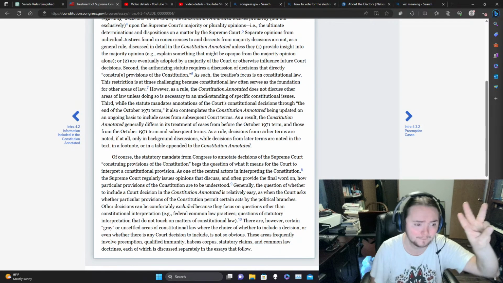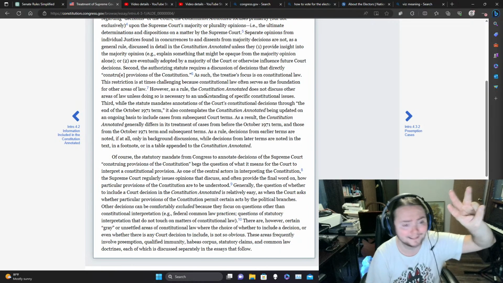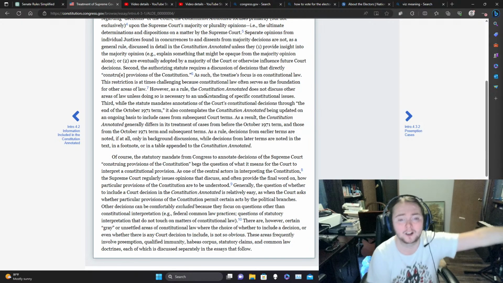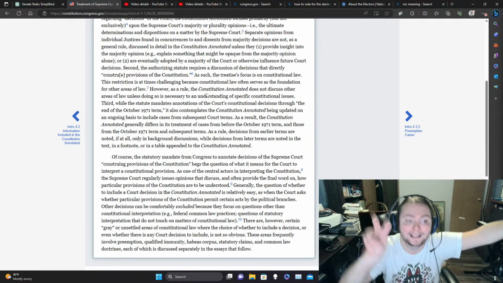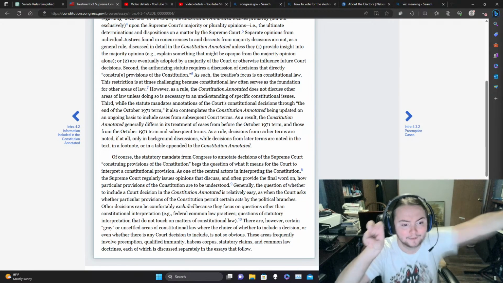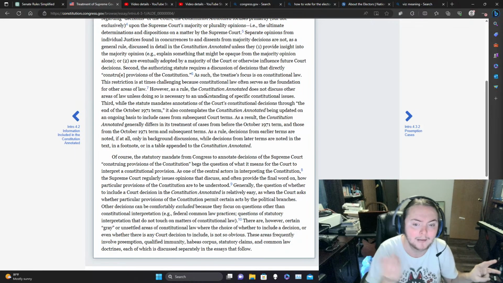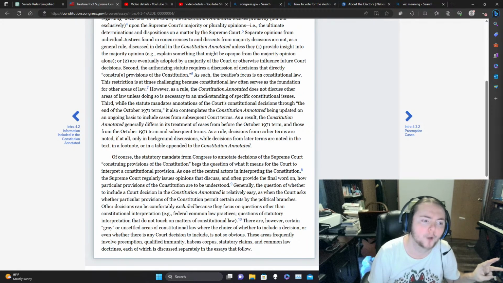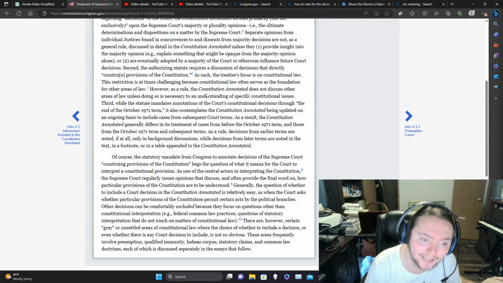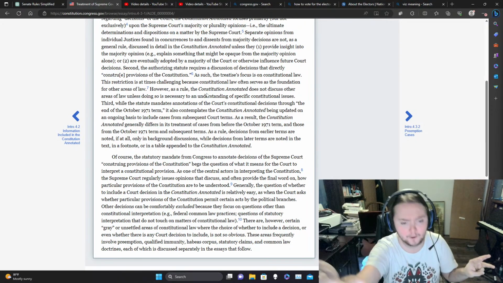And third, while the statute mandates annotations of the court's constitutional decisions through the end of October 1971 term, it also contemplates the Constitution Annotated being updated on an ongoing basis to include cases from subsequent court terms.